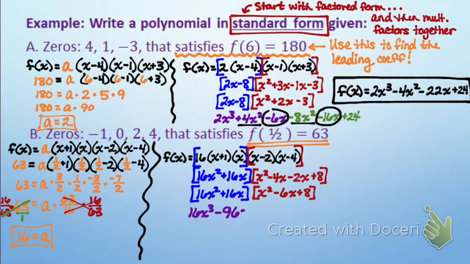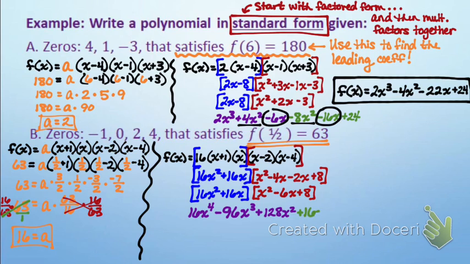Negative 96x cubed plus, what is 16x squared times 8? 128. So 128x squared. Then I take 16x and distribute it.